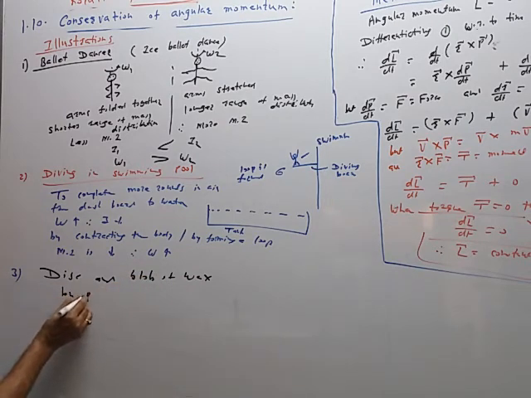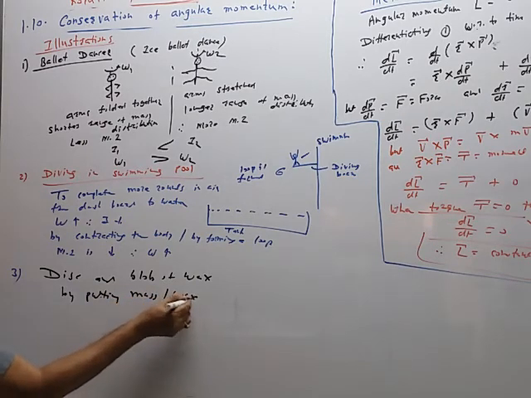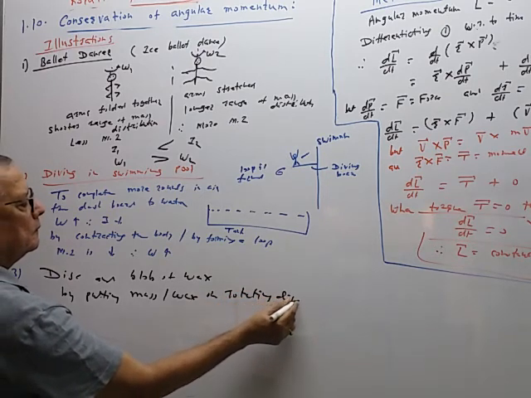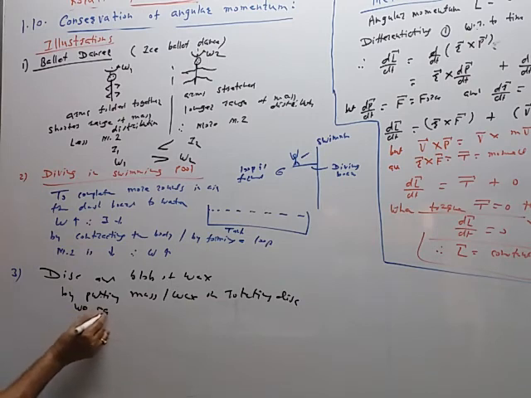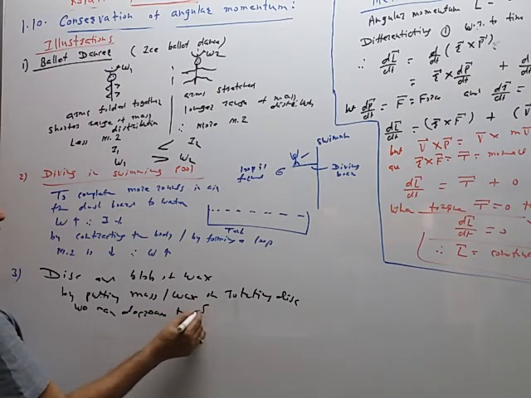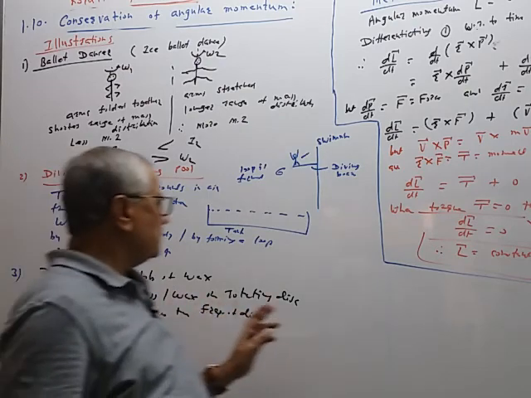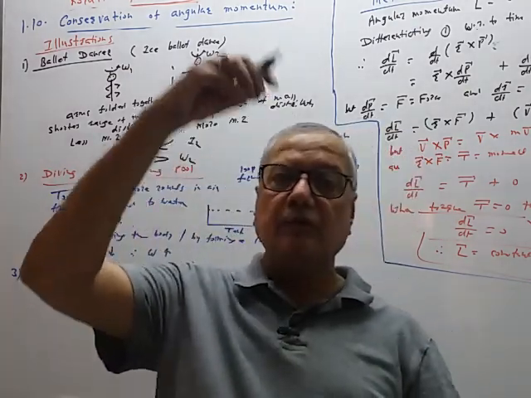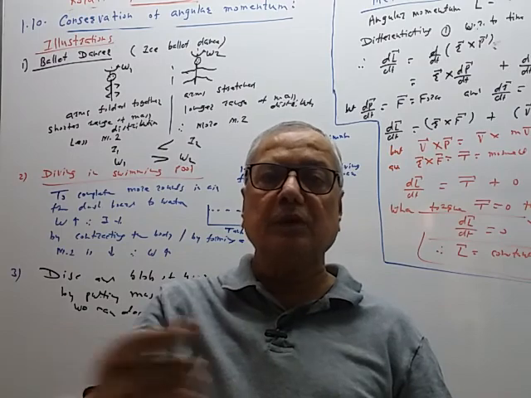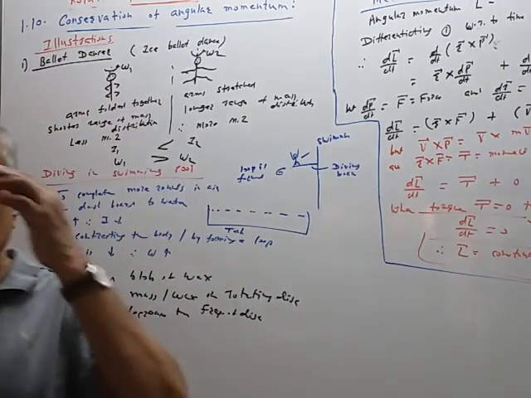So by putting mass of wax on a rotating disc, we can decrease the frequency of the disc. Actually what we are doing is, on the rotating disc, like a gramophone record, if we put a blob of wax, that means we increase the mass. More the mass, more is the moment of inertia. So moment of inertia increases but angular speed will decrease like this. So this is the best example.